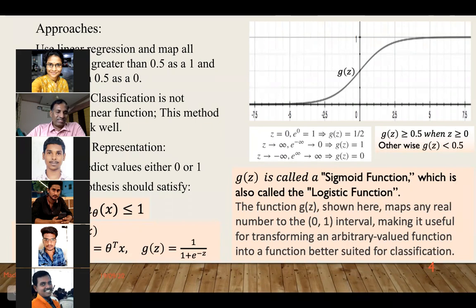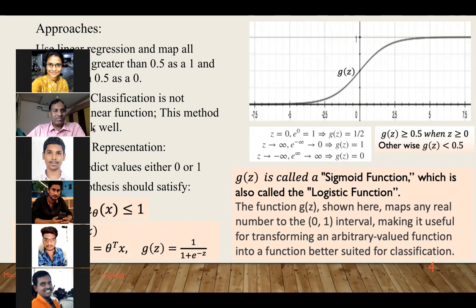You should see this as a row vector theta transpose, because theta was a column vector earlier. So theta transpose will become a row vector, theta naught, theta 1, up to theta n. X will become a column vector, x naught, x1, up to xn. Then you multiply, you get theta naught x0 plus theta 1 x1 plus up to theta n xn. That is nothing but exactly your hypothesis in linear regression for y prediction.